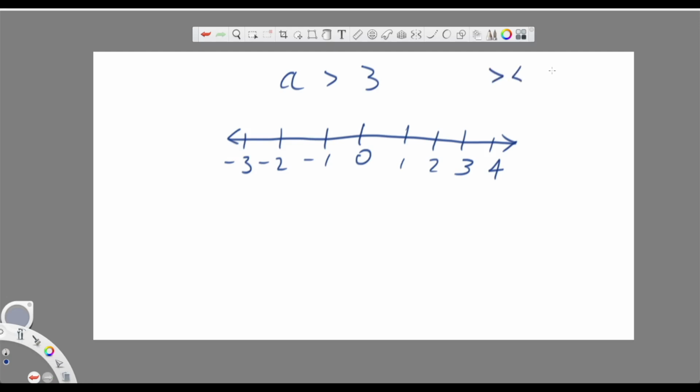Greater than or less than, you use an open circle. Greater than or equal to or less than or equal to, you use the closed circle. So since we have a is greater than 3, we're going to put an open circle over 3, and greater means it's going to shift to the right.